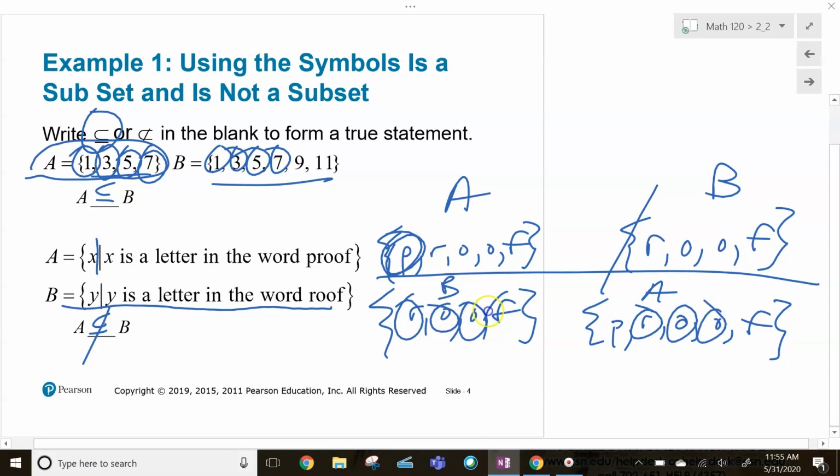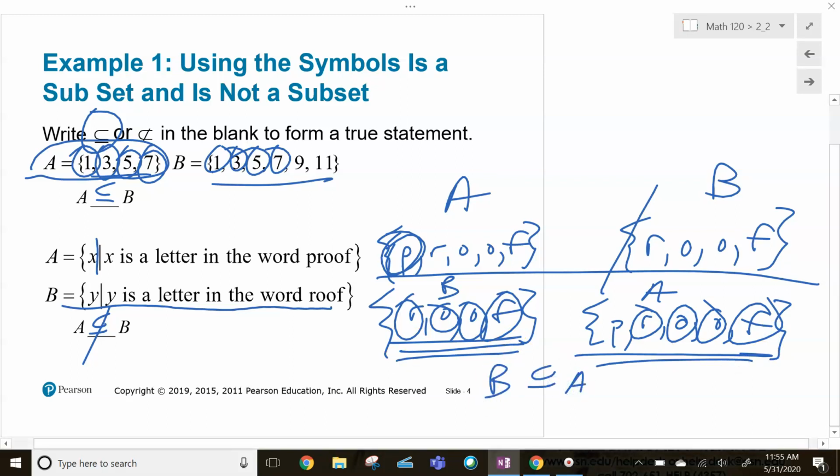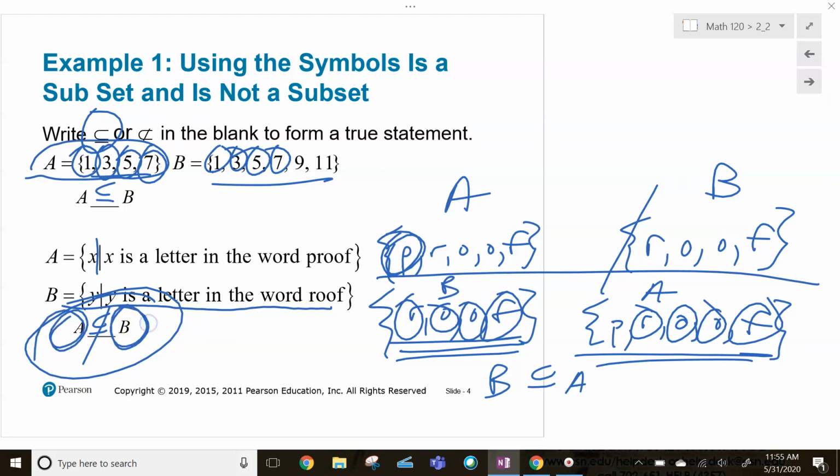Every element's in A, and then F. Sure enough, every element in B is in set A. So B is a subset of A. But A is not a subset of B, right? Again, every element here has to be in there.